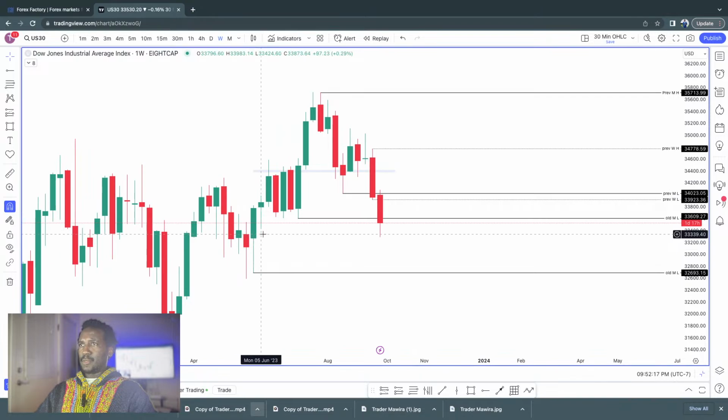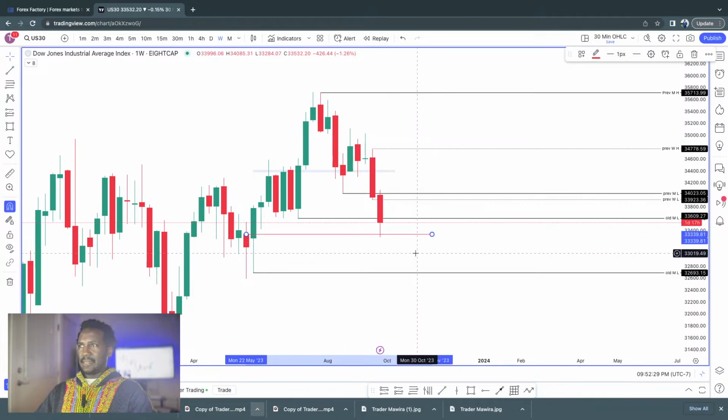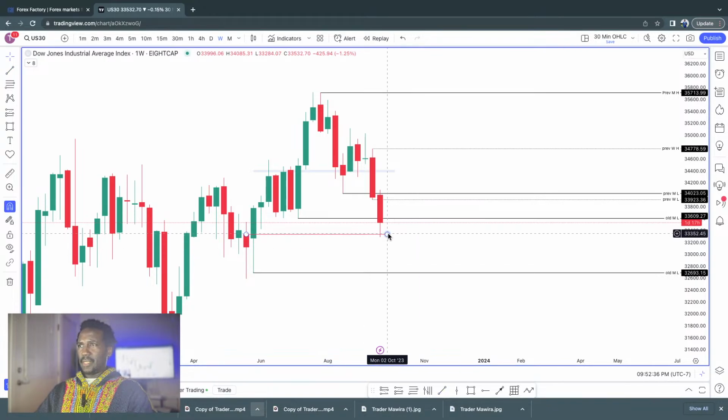Now, something else I'm also noting is you can see this down candle where the market went up. That is something that we can denote, and we can just have it as a line, or we can also do it as this line as well.